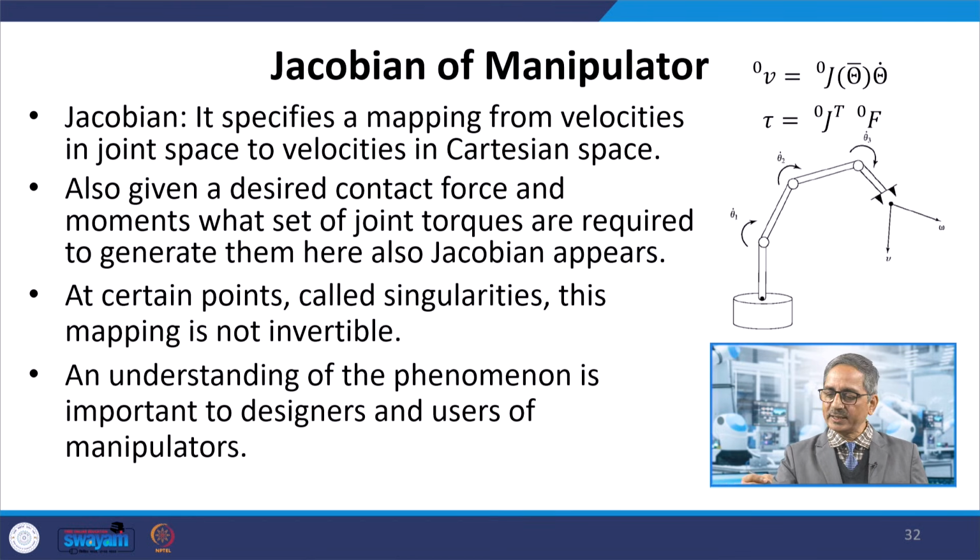So here these are the joint velocity vector, and here we have the Cartesian velocity vector. So this is the Jacobian, which defines the mapping from the joint space to the Cartesian space. It could also define the mapping from the desired contact force to the torque required to generate them. So here also the Jacobian comes into the picture.